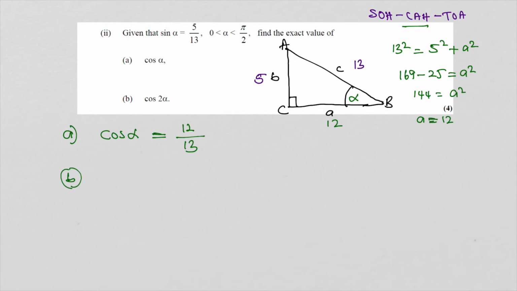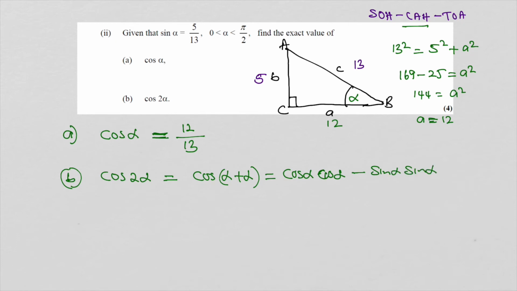And for B, we can find that cos 2 alpha is also written as cos of alpha plus alpha, which is cos alpha cos alpha minus sine alpha sine alpha, and that is cos squared alpha minus sine squared alpha.